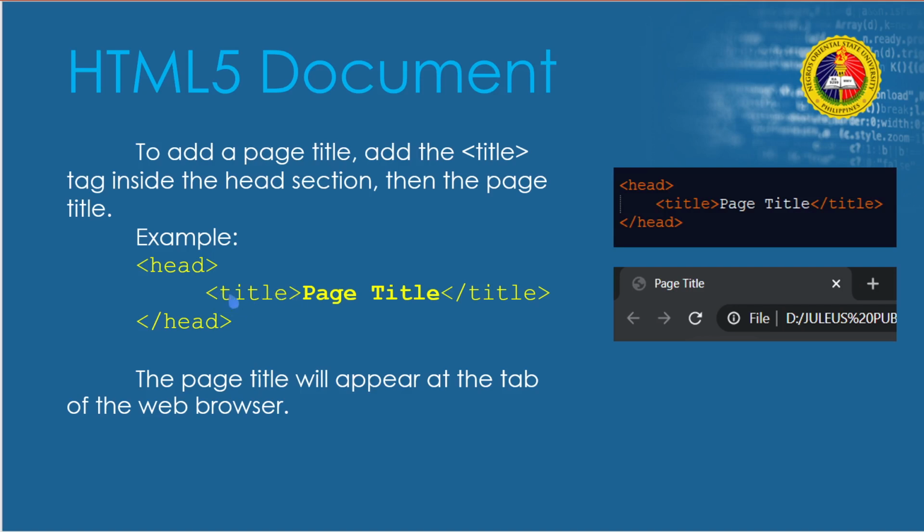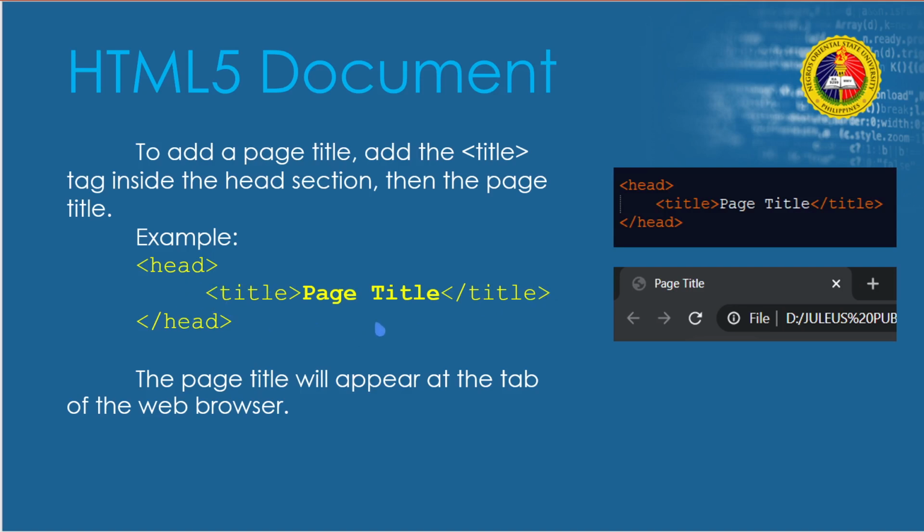We use the title tag, open and close angle brackets, title, then input the page title, and then close it. Notice that the title is inside the head. It cannot be left hanging, we cannot put our closing title down here, because in that case it is no longer enclosed. We make sure that it is enclosed inside the head.